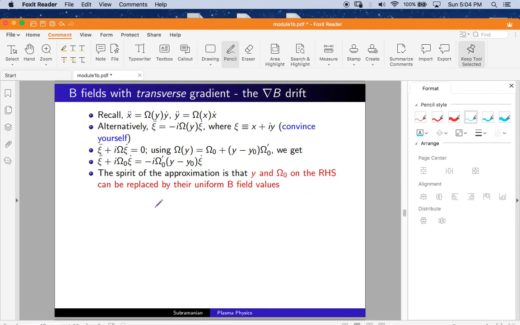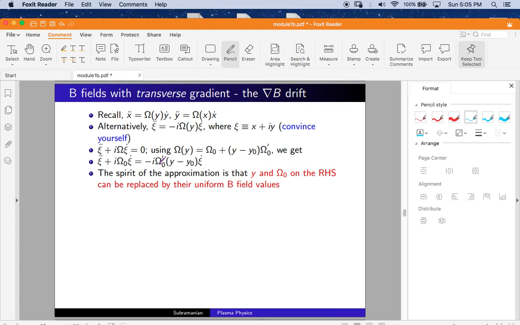Now, the spirit of the approximation. Okay, so using this, you plug this in here. The spirit of the approximation is that y and omega naught on the right hand side can be replaced by their uniform B field values.